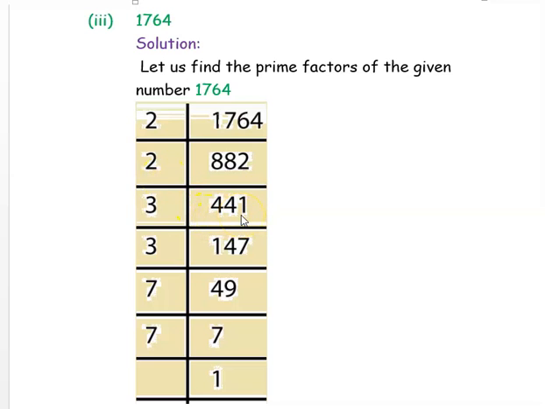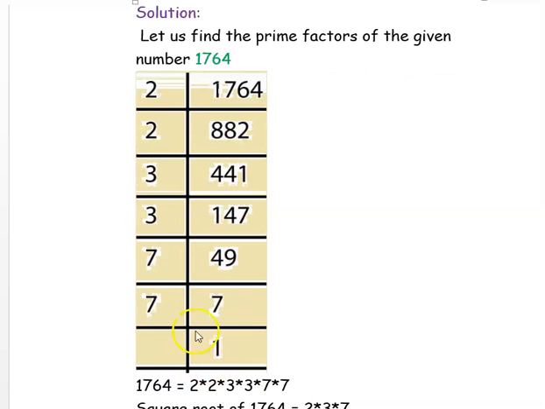It's an odd number, so we cannot go with 2; we go with 3. 441 divided by 3 gives 147, which divided by 3 gives 49. 49 can be divided only by 7, giving 7 again. Dividing 7 by 7, we get 1.